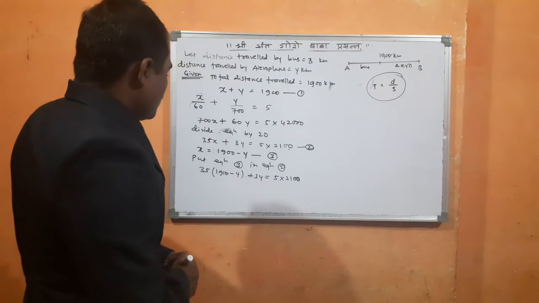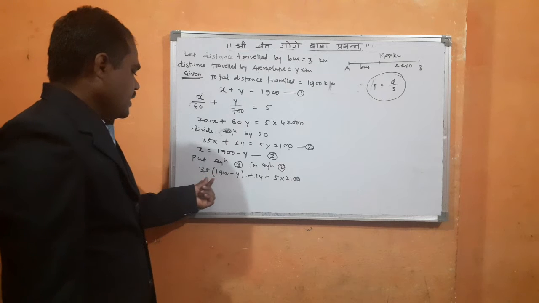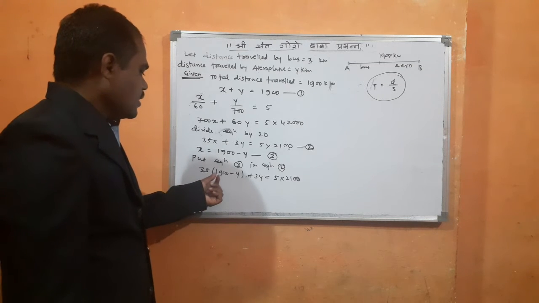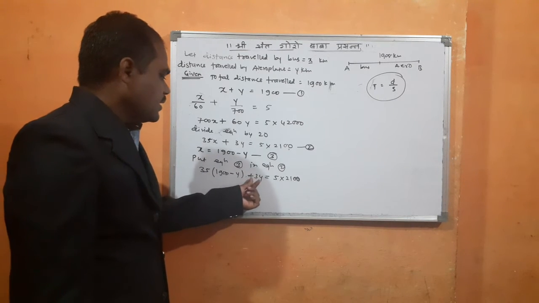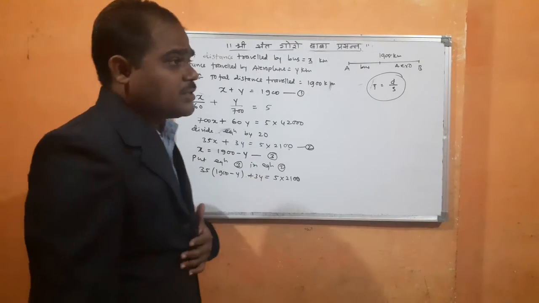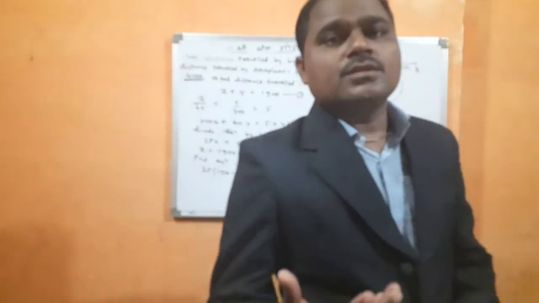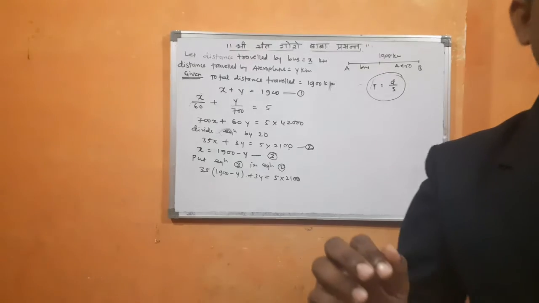Now we have to multiply 1900 by 35 and 35y, then plus 3y. That means the whole equation is going to convert in the form of y.